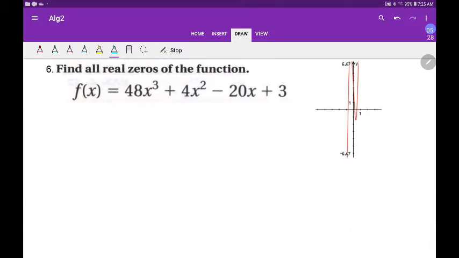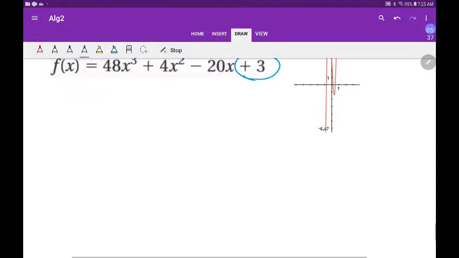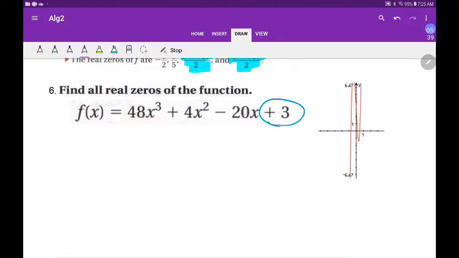So let's find all the real zeros of the function. And, okay, well, let's list them out here. We're going to have factors of 3 on top. Okay? And so we're going to have plus or minus 1 and plus or minus 3. And on the bottom, we're going to have factors of 48.